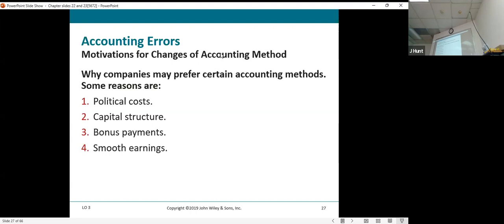Normally when taxes are coming down the line, they'll have draft documents they circulate. This happens in the US all the time. And they'll say this type of investment is going to attract more tax. And depending on the accounting method you use, you could actually attract more tax earlier than later. So sometimes, and I put that under political reasoning, you sit and you say, what is going to be the impact? Should we stay with this method because it is going to hurt us in the long run?